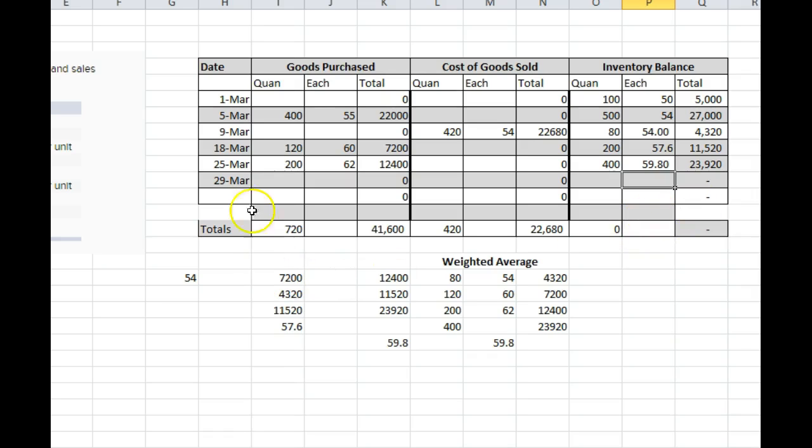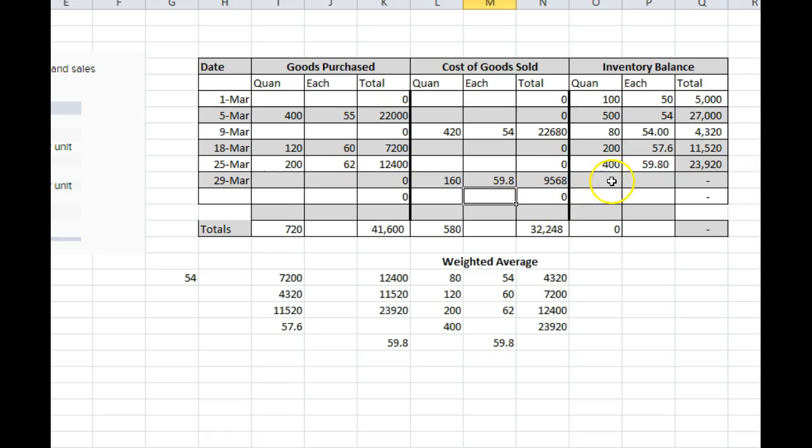$59.80. And along comes the 29th, and we're going to sell 160 units, and our unit price is the $59.80, which means the cost of goods sold for that sale is $9,568.